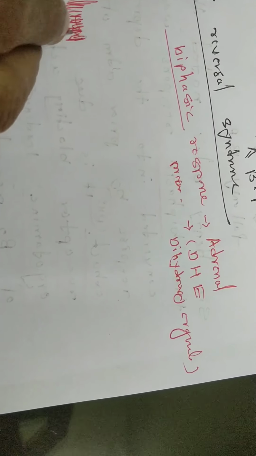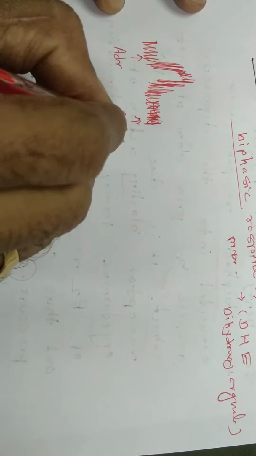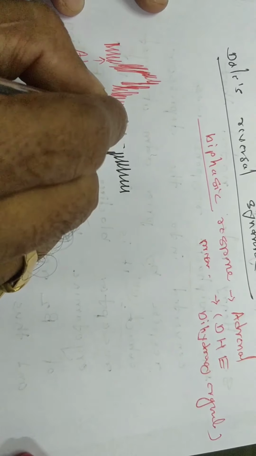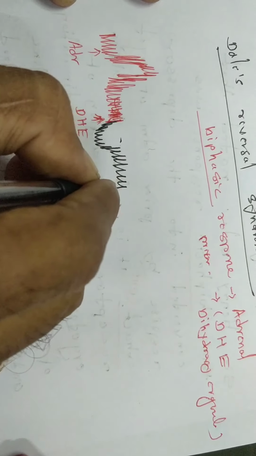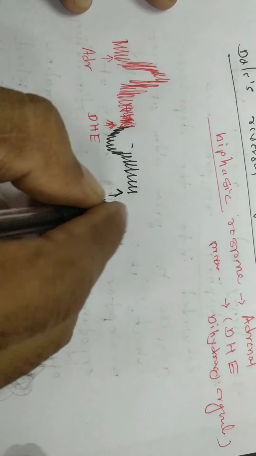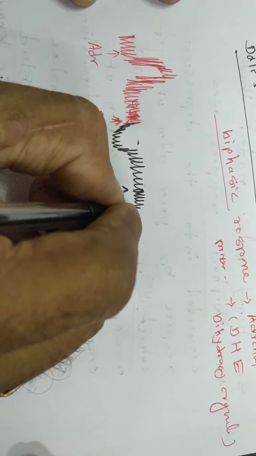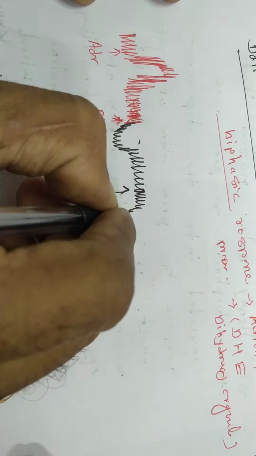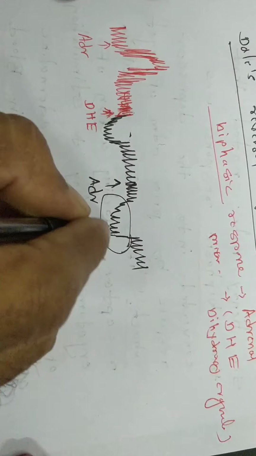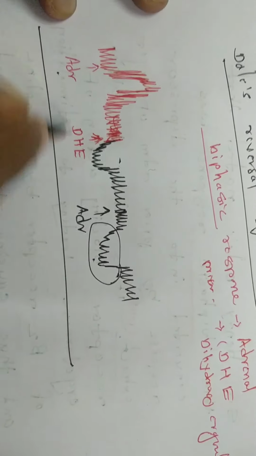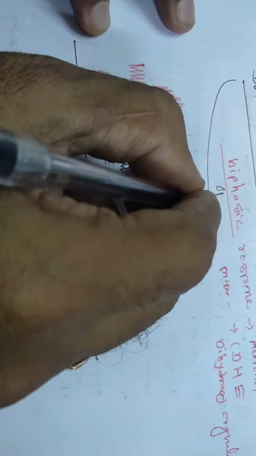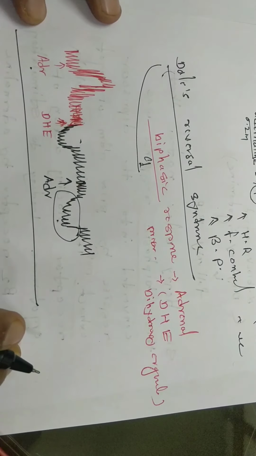Then dihydroergotamine is administered, which slowly depresses the drug effect, and the blood pressure falls. Then adrenaline is administered again, and again it shows the fall in blood pressure. That is the biphasic response of adrenaline of Sir Henry Dale.